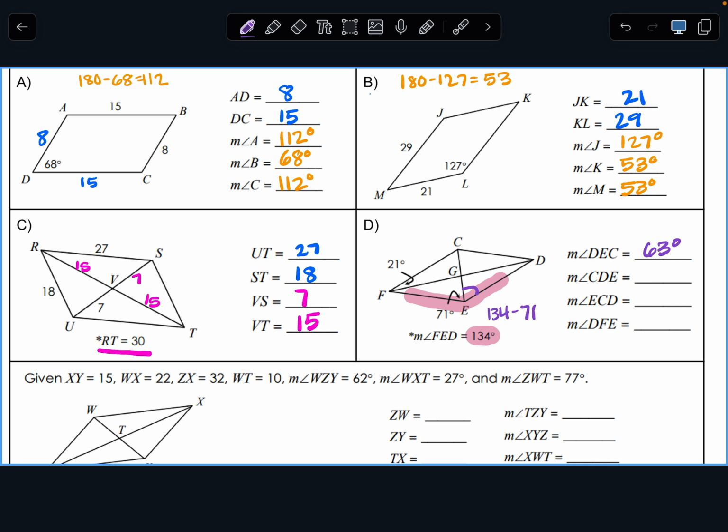CDE. Can someone tell me how we can find CDE? Right, so we're going to subtract 134 from 180 because these are same side angles. ECD.